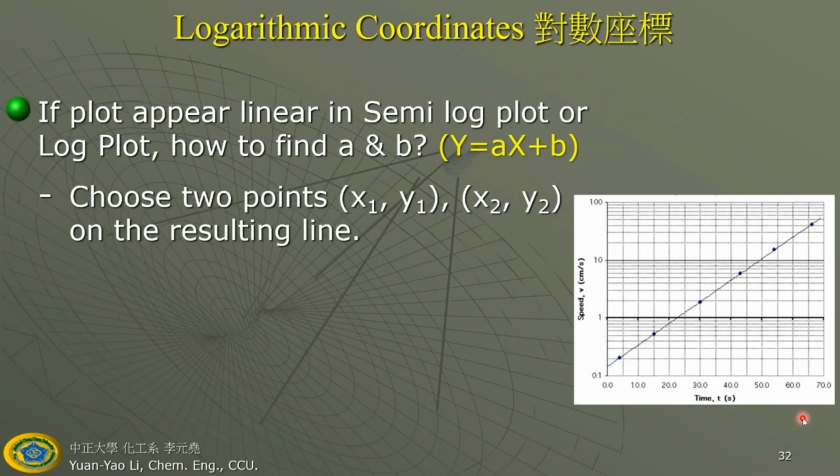Okay, so if the plot appears linear in a semi-log plot or log plot, how do you find A and B? In your midterm exam, if I give you this data and ask you to find the mathematical equation, can you find it for me? If I show you these 7 data points and you realize this is a straight line on a log plot, you realize, wow, Professor, this equation follows the power law.